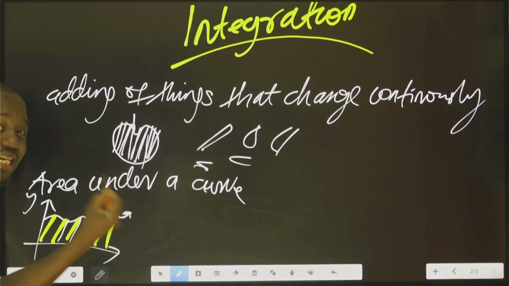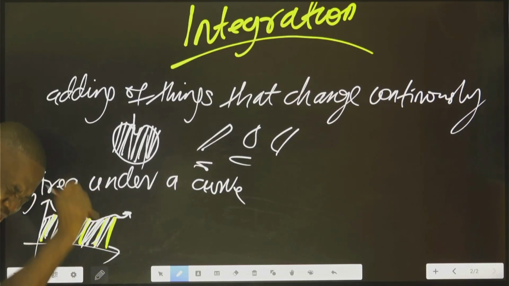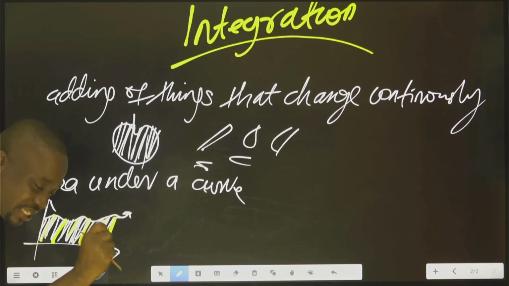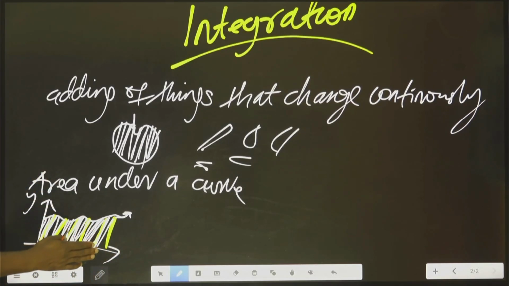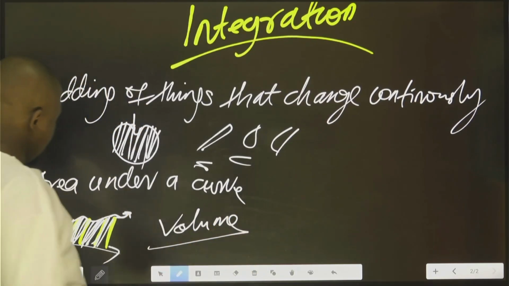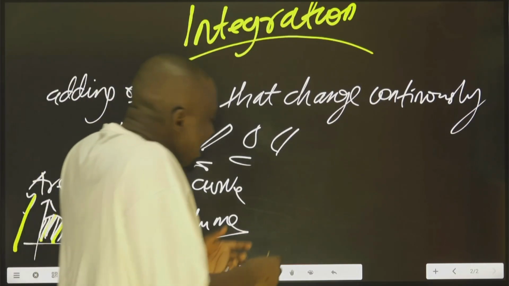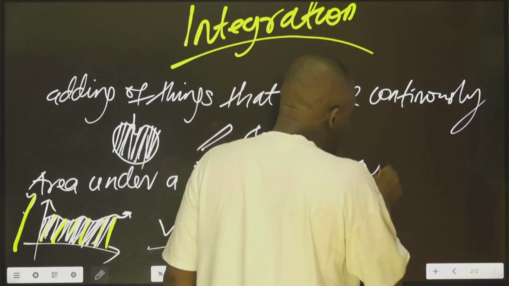What you are doing with integration now, you are trying to add up each of the pieces that make up this area under the curve. All these pieces are very, very close, small, infinitesimal pieces. You are piling them together. We are talking about volumes and other calculations you might want to do with integration.